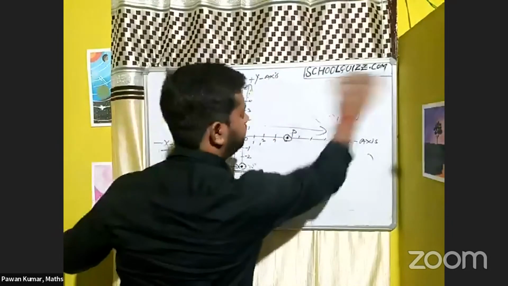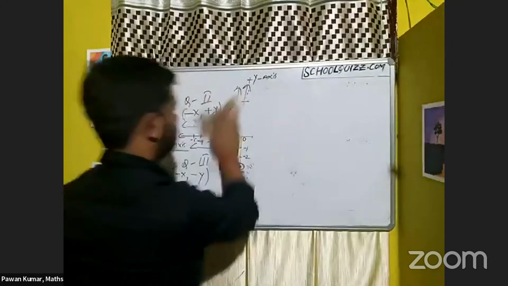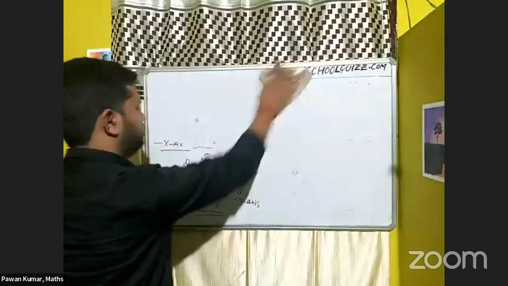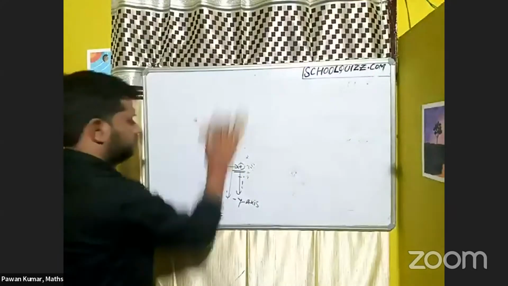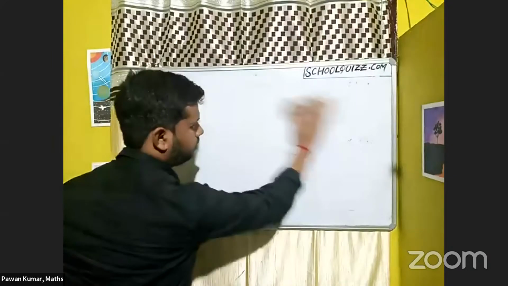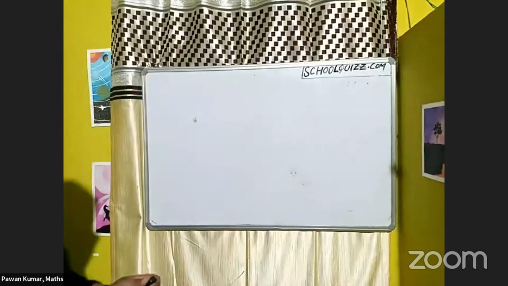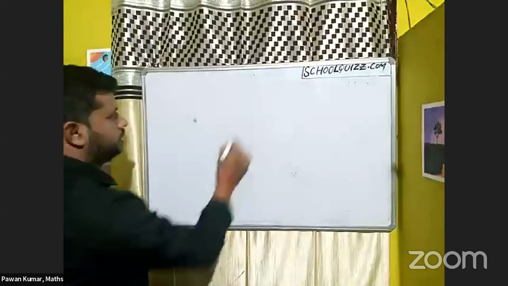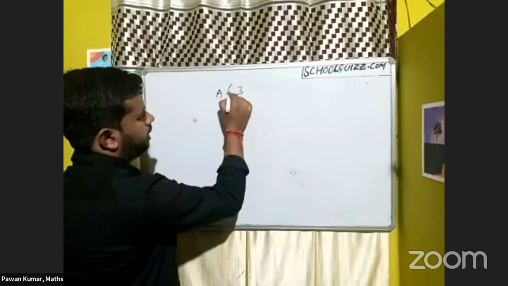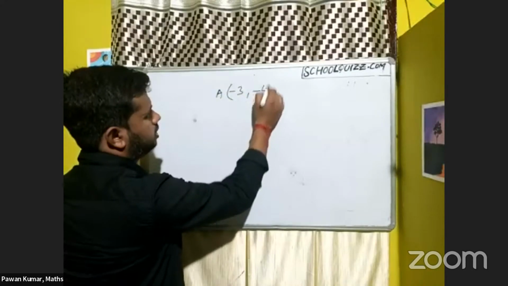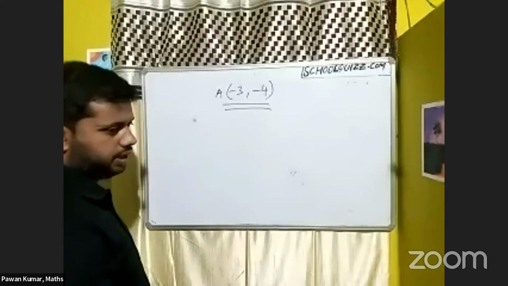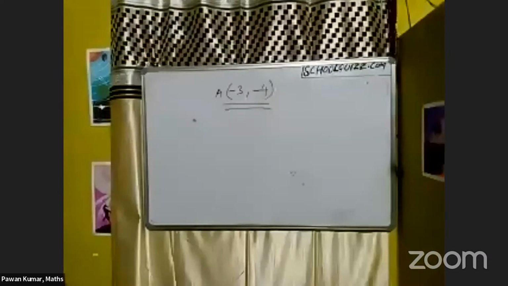Suppose I have a point A which is (-3, -4). Regarding this point A, what does it mathematically represent?